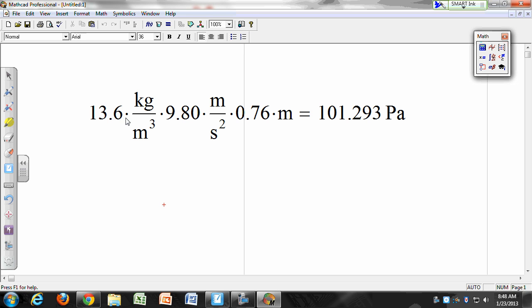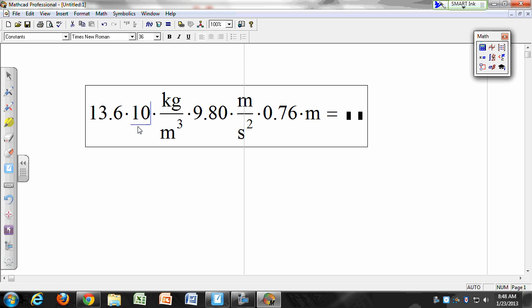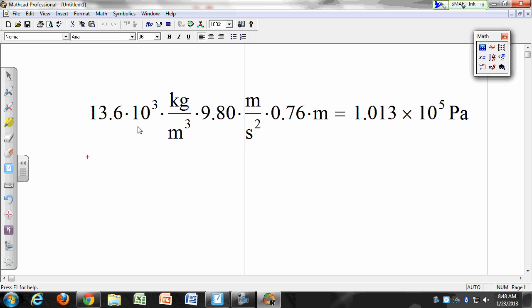Oh, I forgot, there's a times 10 to the third here, right? 13.6 times 10 to the third. So 1.013 times 10 to the fifth pascals.